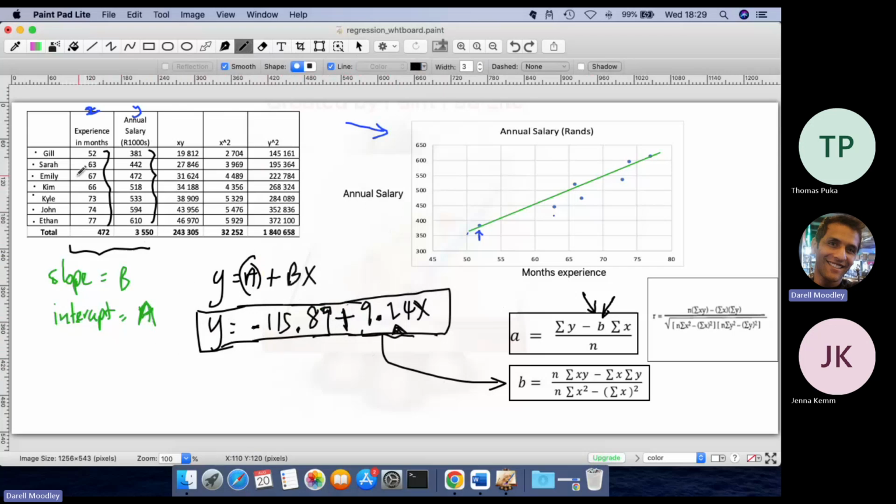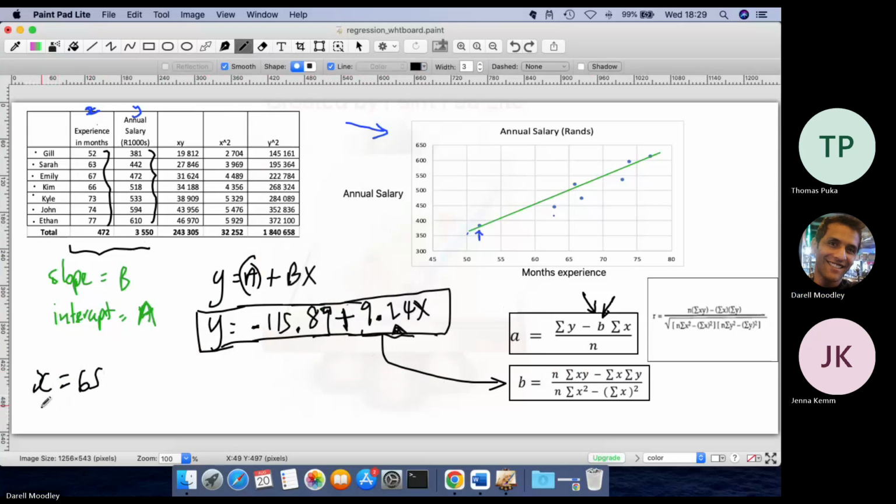If you look at all the data points here, we have people with different months of experience, but let's say someone comes along who has 65 months of experience. So for instance, someone has 65 months of experience, your X is 65.